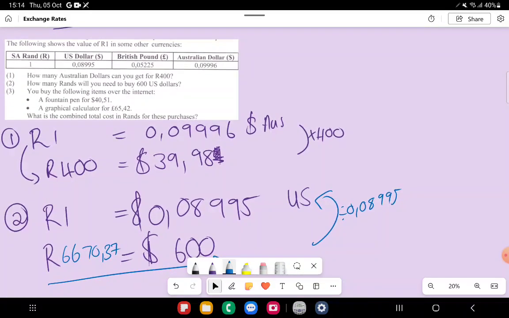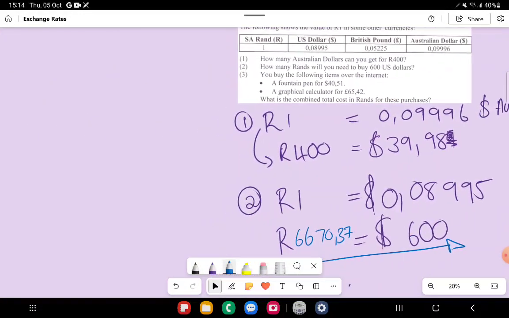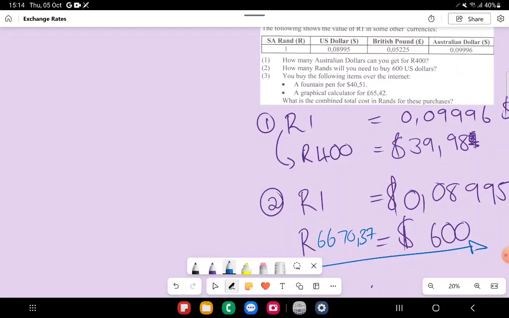Question number 3 says, how much is a fountain pen and a graphical calculator bought together over the internet? So the pen is in dollars and the calculator is in pounds. Let's see if we can do that. So first we're going to convert the pen, right?